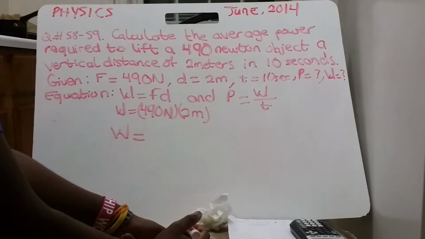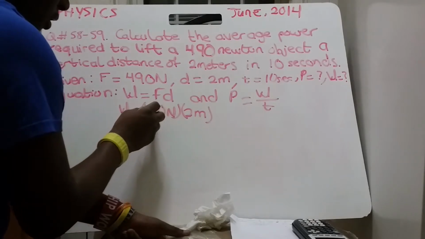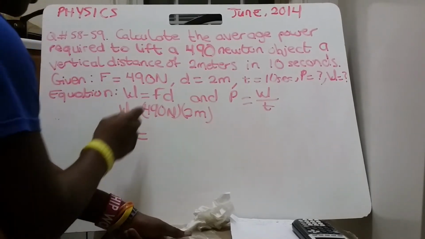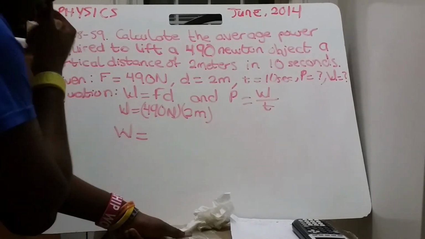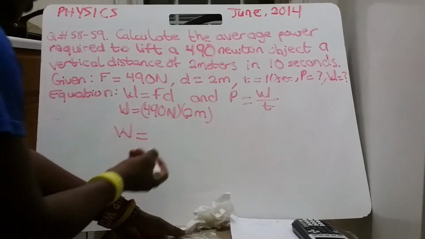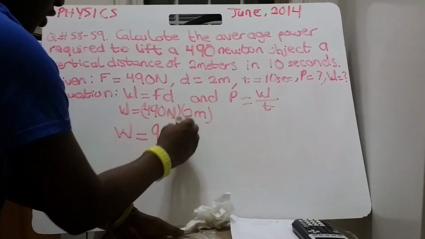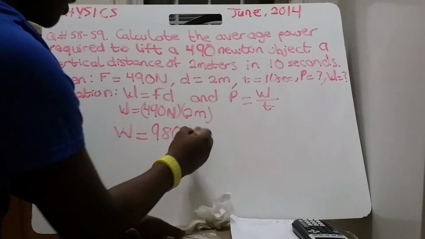I believe we all know that 500 times 2 is 1,000. But this isn't 500 completely, it's 490. So minus 10 times 2, 20. So 1,000 minus 20 is 980. That's your answer. You don't really need a calculator for this.